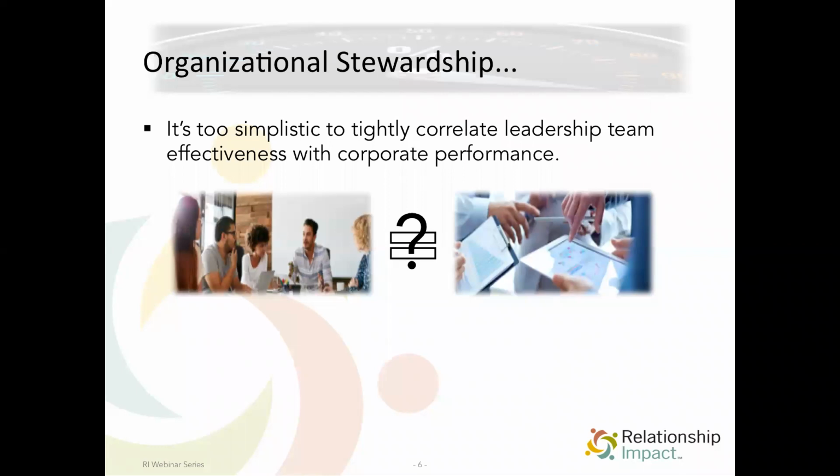However, if you think about the corporate performance of an organization and correlating leadership team effectiveness with those results, it's not necessarily easy to tightly correlate those things. I'll give you just an example of that. An organization where market conditions change dramatically.